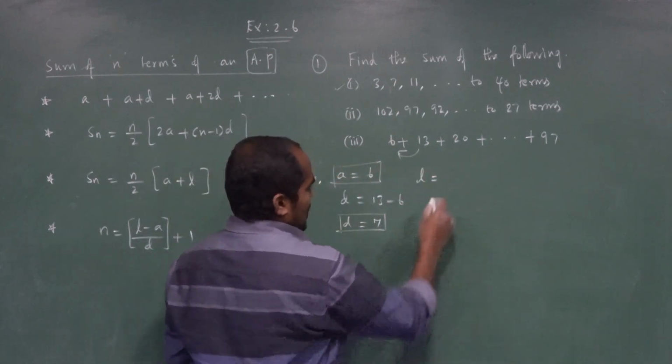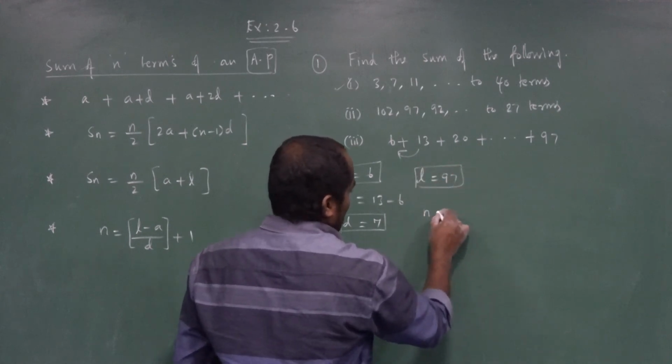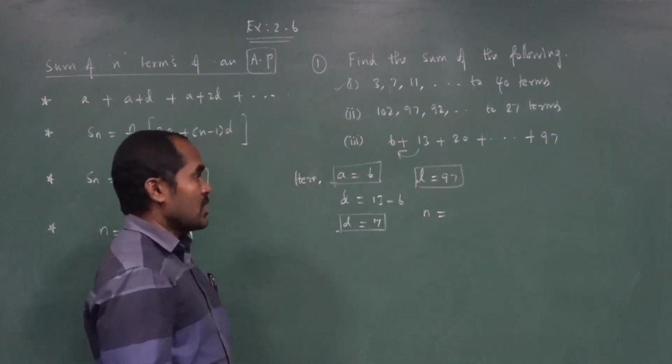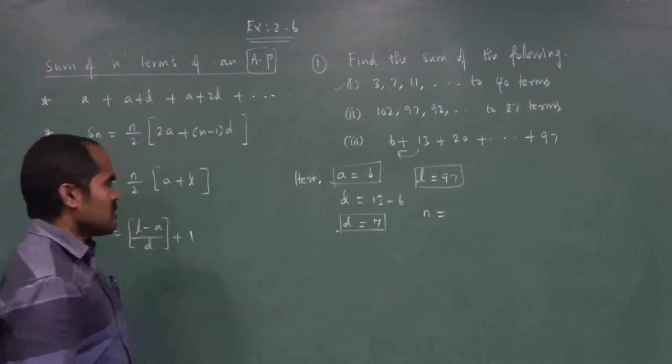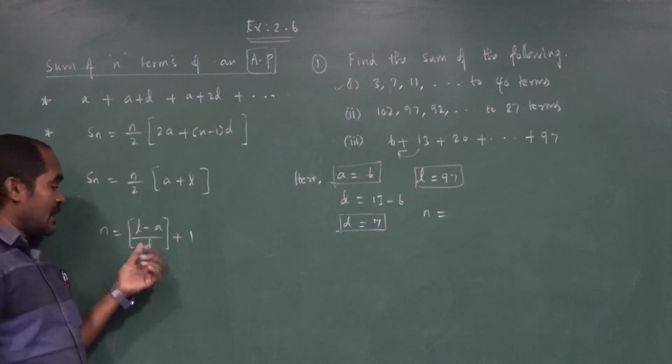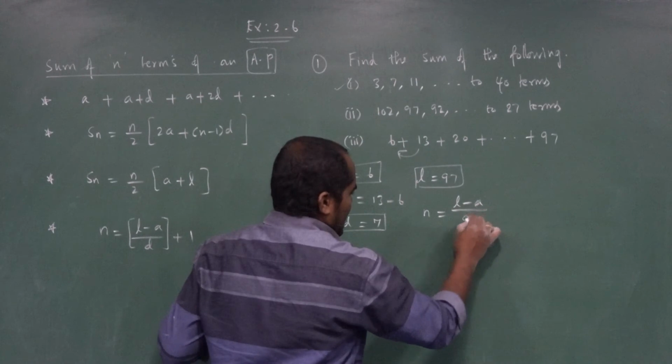Last term is 97, but here n is unknown. We want to find the number of terms in a finite series, so use the formula (L minus A) by D plus 1.